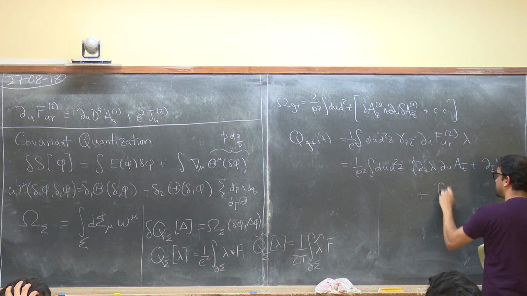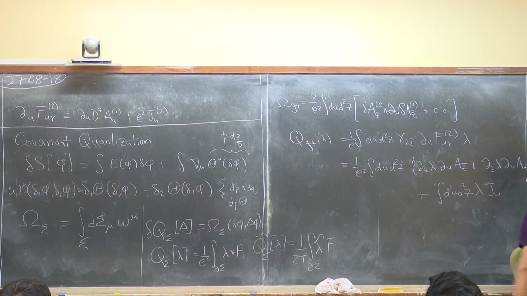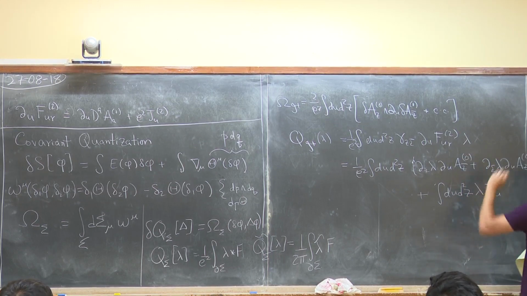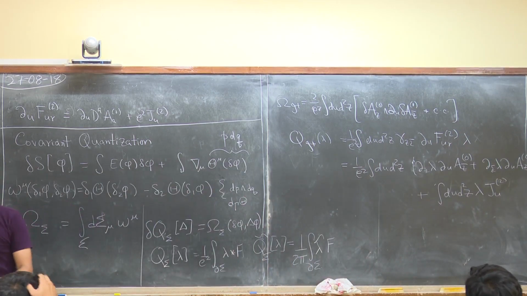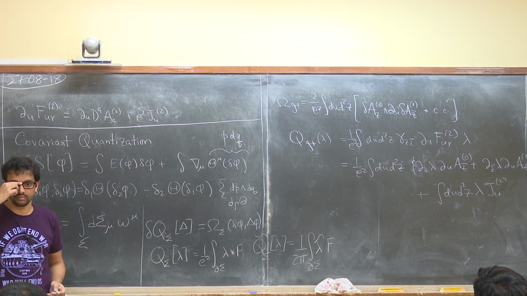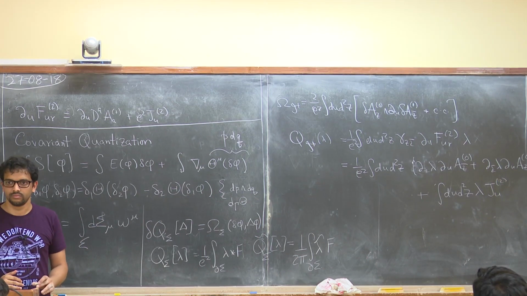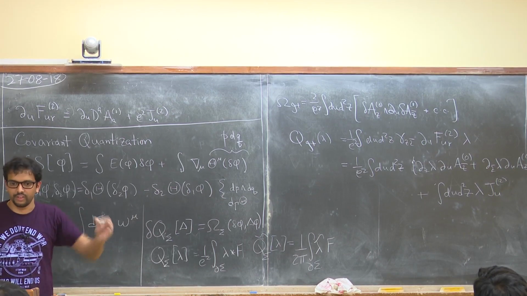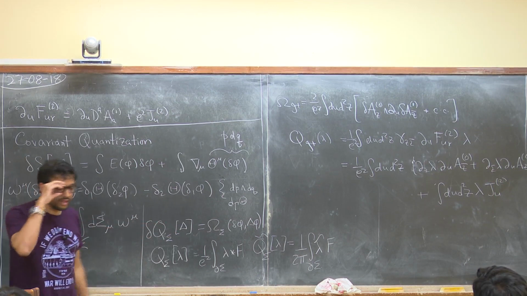And then I get something else that looks like dz lambda j u. Here we were assuming lambda is a function at infinity, but it's finite. It goes to something finite.